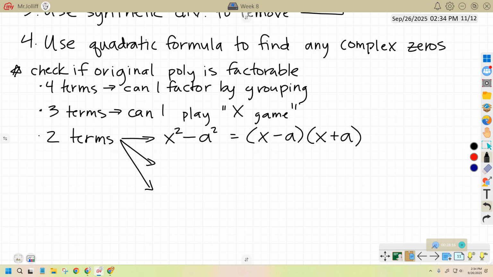Sum and difference of cubes are what they sound like. Difference of cubes is x cubed minus a cubed. Sum of cubes is x cubed plus a cubed. They have related formulas that look kind of similar, except the placement of the negative sign. We saw them together yesterday.